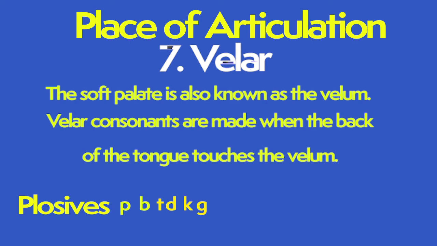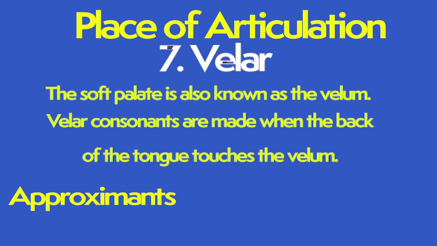So go through p, b, t, d, and k, g, and become mindful of how the back of your tongue will touch the soft palate or the velum. Which ones touch the soft palate? So the answers are k and g. You can feel the back of your tongue touch the soft palate or the velum when you say k, g. It's a very slight touch, but it is there.